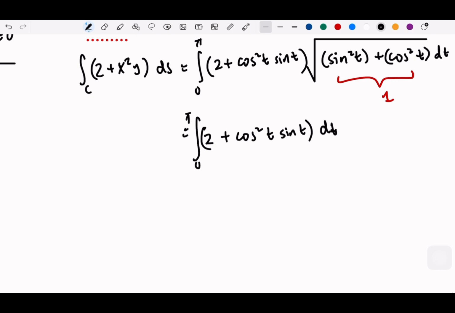Okay, and then it's just a normal integration. Or if you don't want to process it, you can compute it by calculator. I think it's straightforward, right? So if you want to compute, this is 2t plus cosine cubed t over 3, evaluated from 0 to pi.